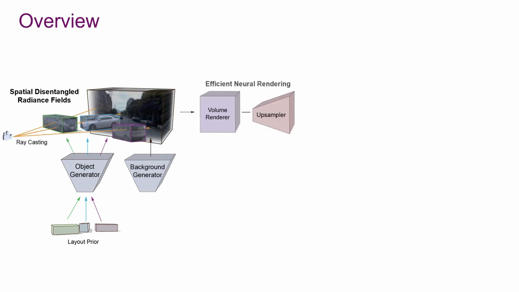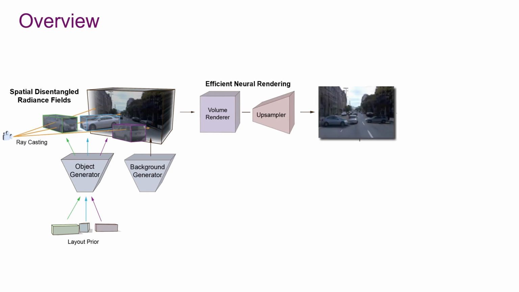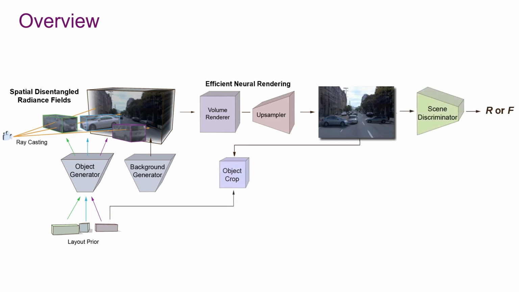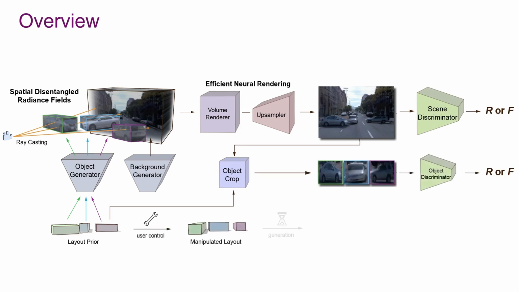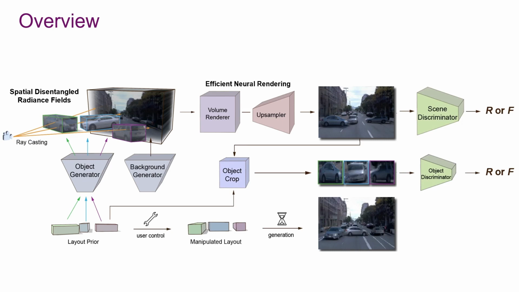Our efficient neural rendering pipeline then composites the scene into a low-resolution feature map using the volume renderer, which is then upsampled to the final high-resolution image using a StyleGAN2-like upsampler. During inference, users can manipulate the layout to control the generation of a specific scene at the object level. This is a high-level summary of our approach.